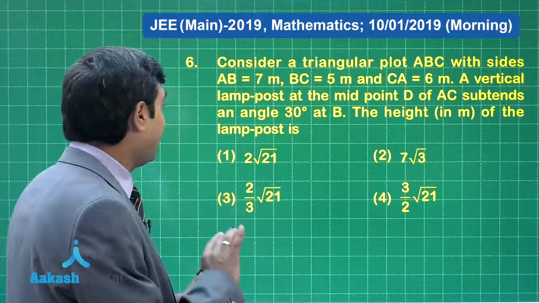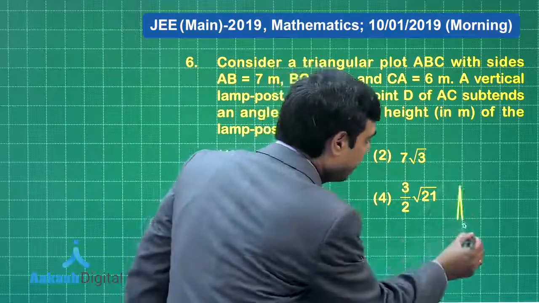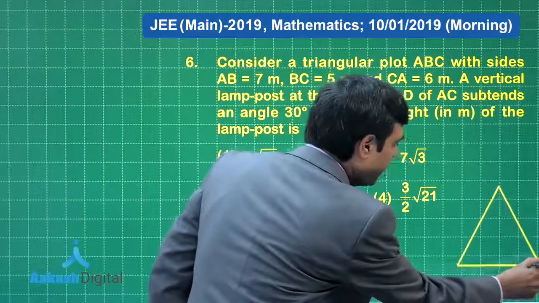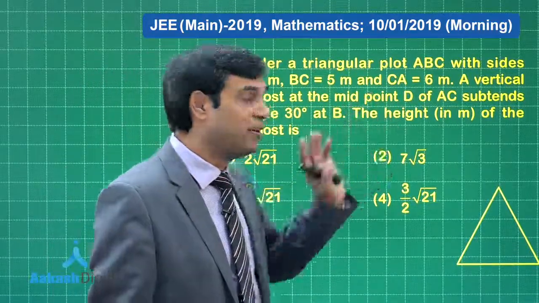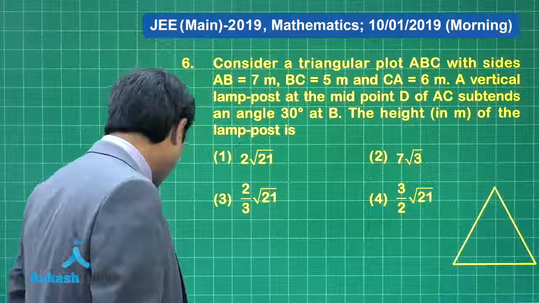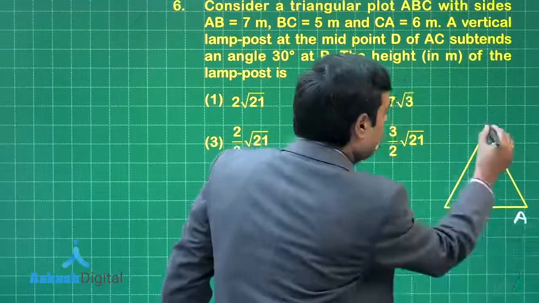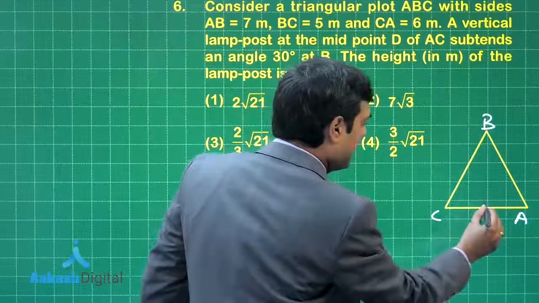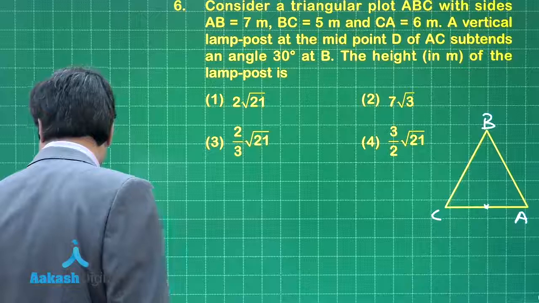So let's first plan the geometry part, what they are asking for. They are saying there is a triangle. So let's draw a triangular park like this. It is mentioned that lamppost is at the midpoint D of AC. So mark here in this fashion like A, B and C. Now say here is the midpoint D and you have to make a lamppost over here.